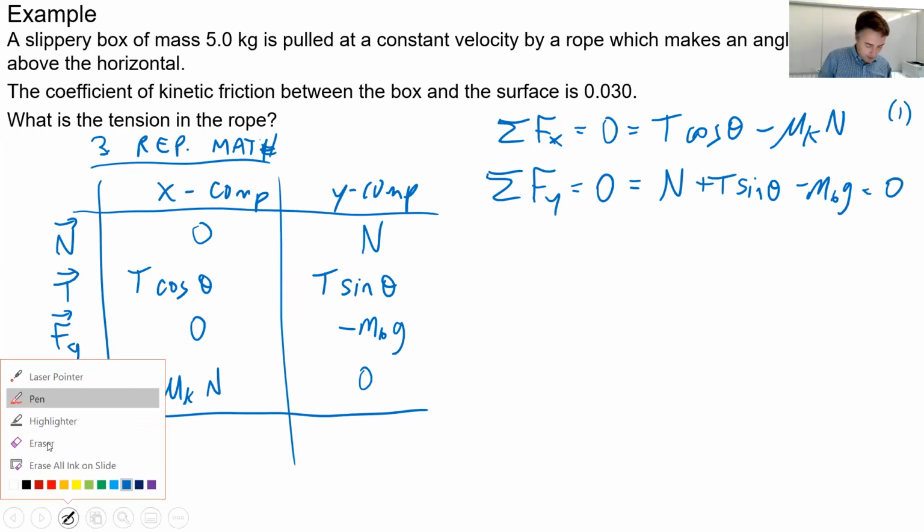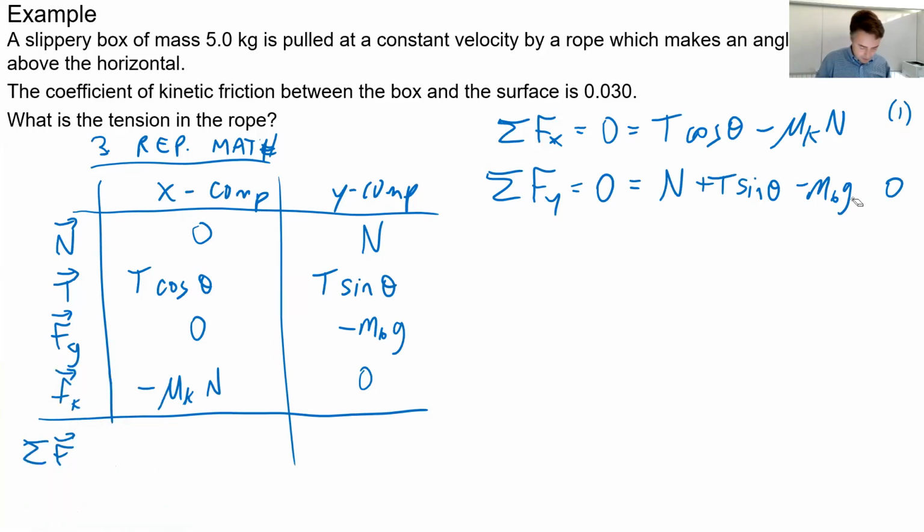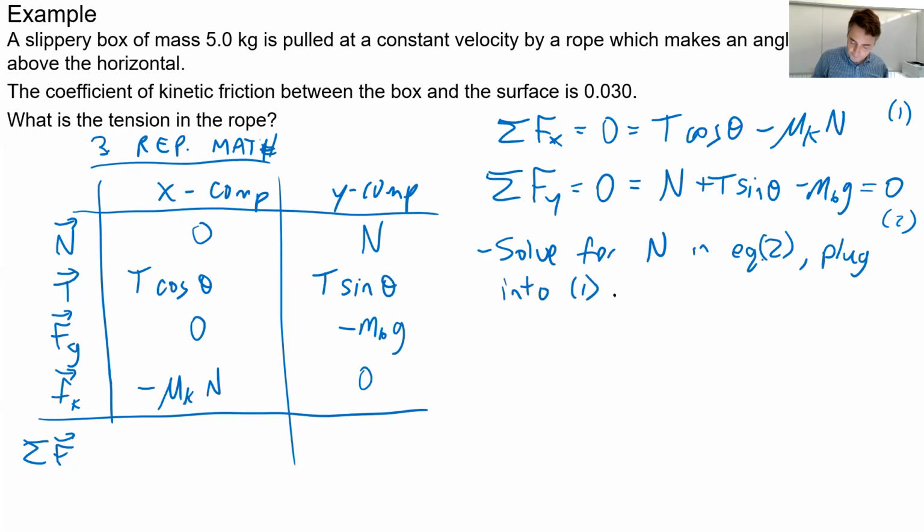I'll call that equation 2. So I've got 2 equations and 2 unknowns. I'm going to solve for N in equation 2, and then plug into equation 1 and solve for what we want, which is tension.